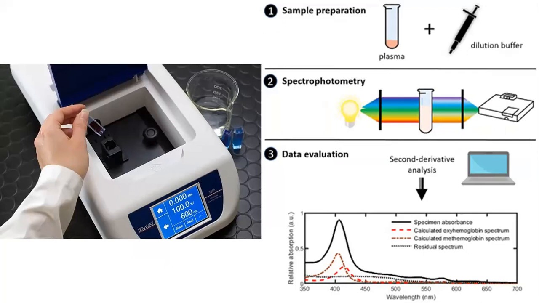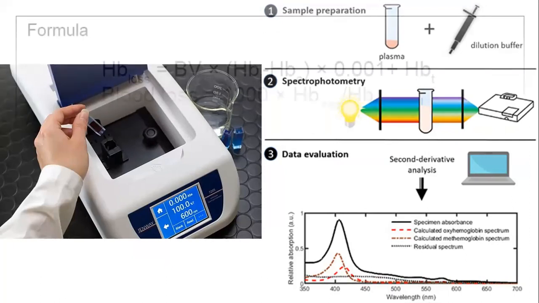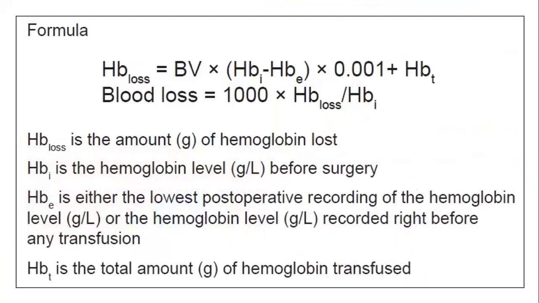You are going to use spectrophotometry. Spectrophotometry is going to take time. It takes preparation, okay? So it's not quick, and it really needs some equations to calculate the blood loss or the estimated blood loss.